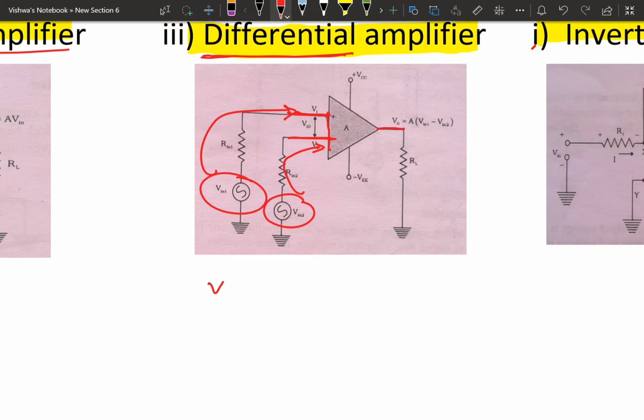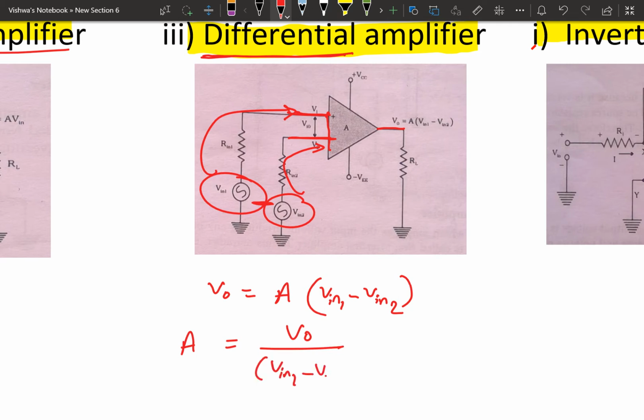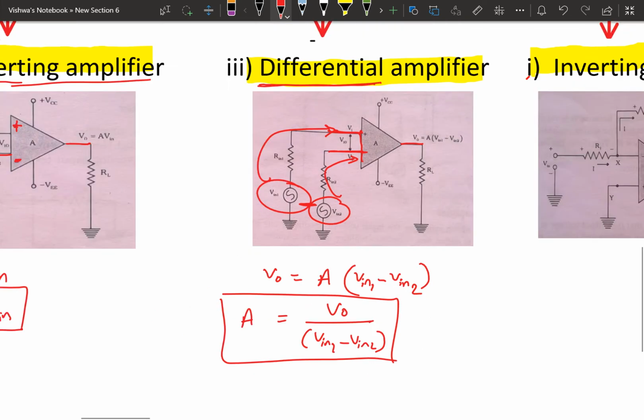The value of the output is the gain times the difference in input voltages, that is V in 1 minus V in 2. Then the gain is given by V out divided by V in 1 minus V in 2. This is the gain of the differential amplifier under open loop condition.